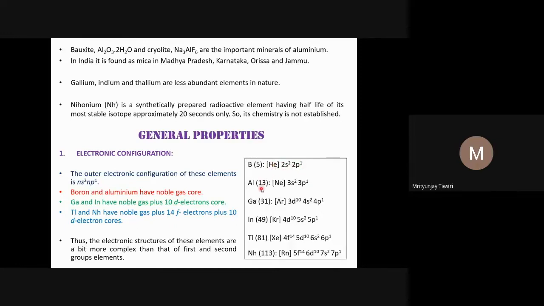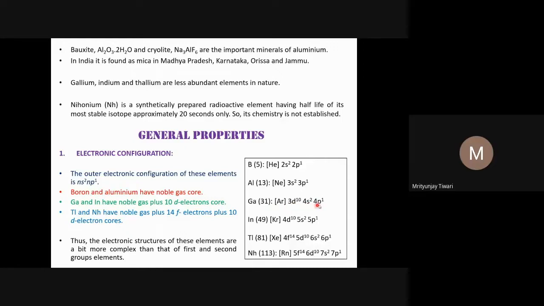However, when you come to gallium, we see a core of argon, whose atomic number is 18, then 3d10 and 4s2 4p1. The 3d10 also belongs to the core electrons. Sometimes these d electrons take part in reactions, particularly for the d block elements, but here they are also part of the core.